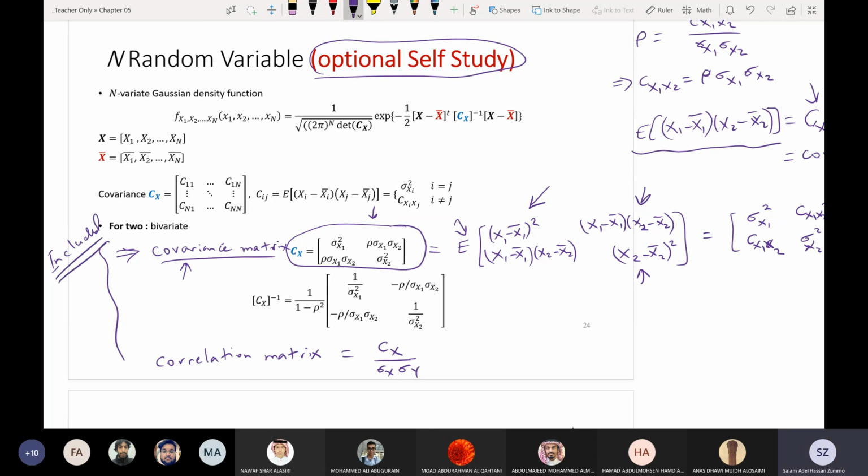The covariance matrix and correlation matrix are included and required from you. The self-study is the invariant, which we will not discuss in this class.